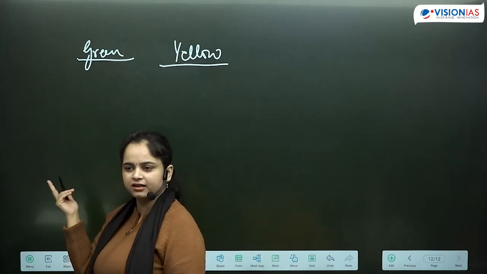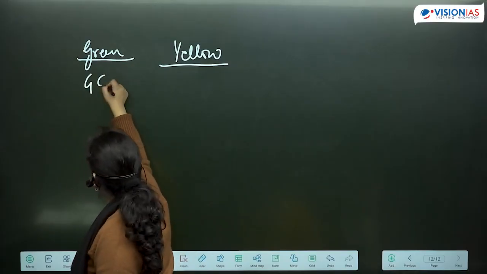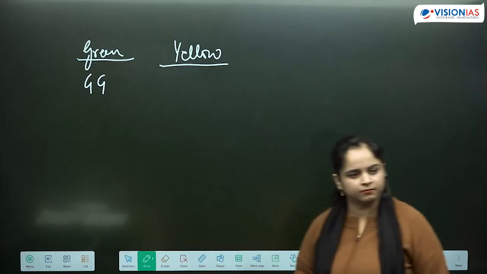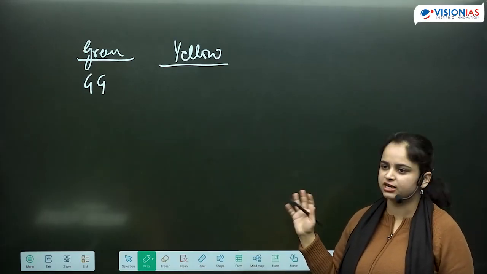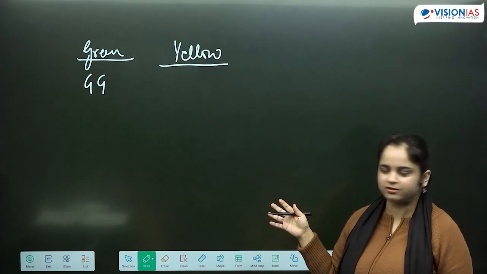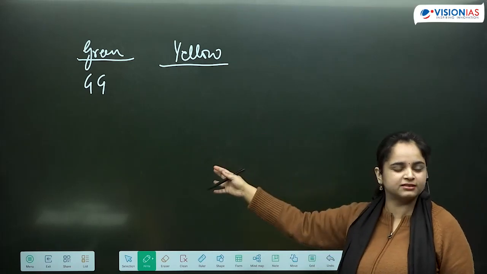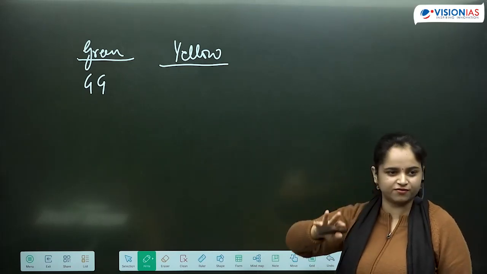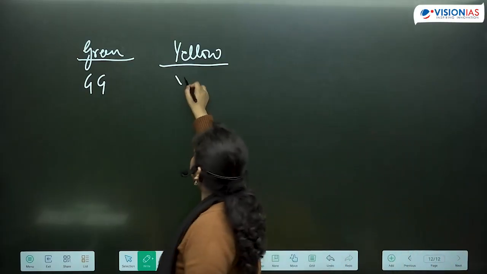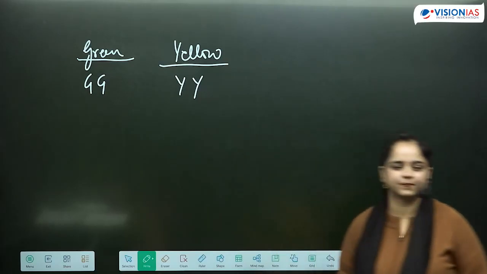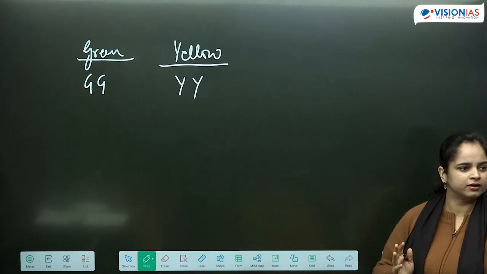Just like eye color का 2 gene था, तो यहाँ पे भी green color के लिए 2 genes होंगे, and we are going to represent it as G. Okay, this representation has no significance. The gene does not look like this. ठीक है, so there are a lot of people who ask me कि मैम आपने small लिखा है कि छोटा लिखा है. आप जो मर्जी लिखो, जिस मर्जी भाषा में लिखो, उससे कोई फर्क नहीं पड़ता है. Just understand the concept. Yellow के लिए I am writing Y and Y. The yellow plant with 2 genes for yellow.